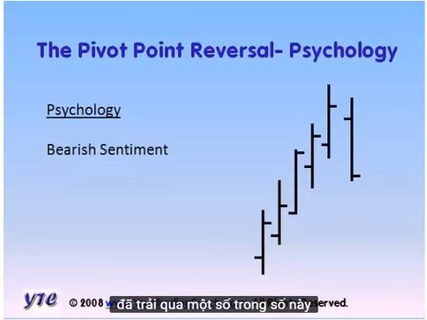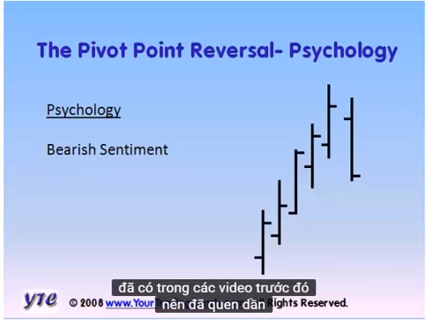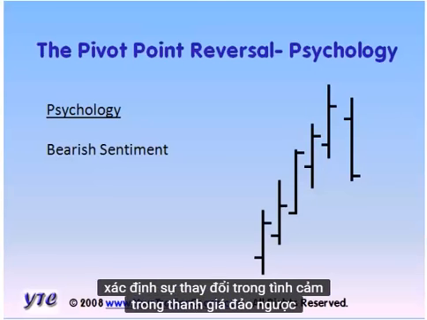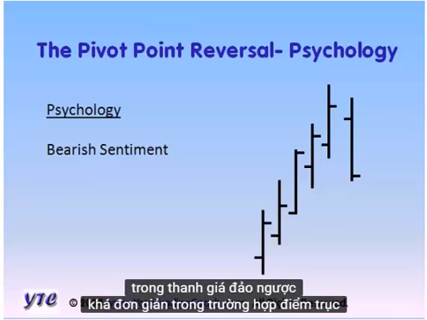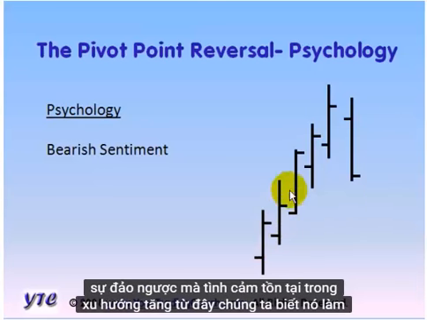Having been through a number of these already in the preceding videos, you should be getting quite used to determining the change in sentiment within the price bar reversals. It's quite simple in the case of a pivot point reversal. Bullish sentiment exists in the uptrend from here.